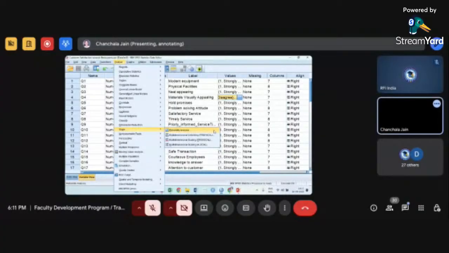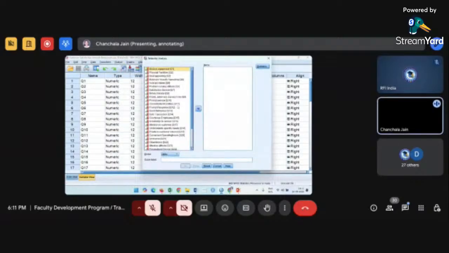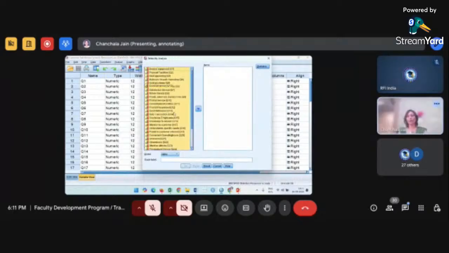Okay, so click on this. A dialog box will appear. It is showing all your variables at the left side. Select all of them using Control A and shift those variables into the Items box. Done.